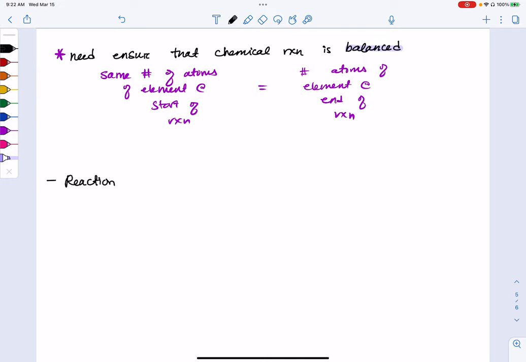Now we've seen this before already, but let's be thorough and specific about how we would write a chemical reaction.